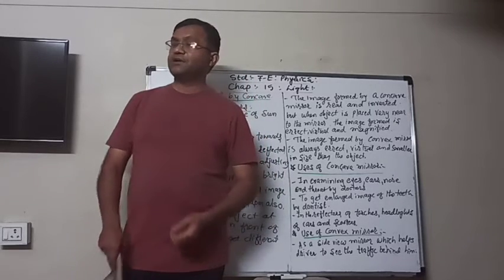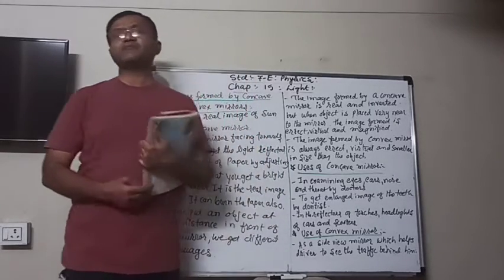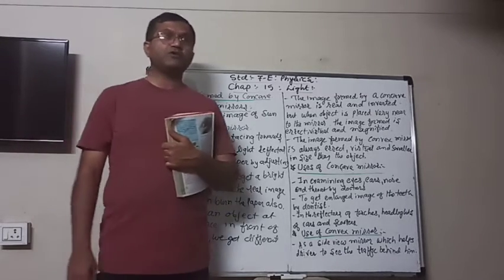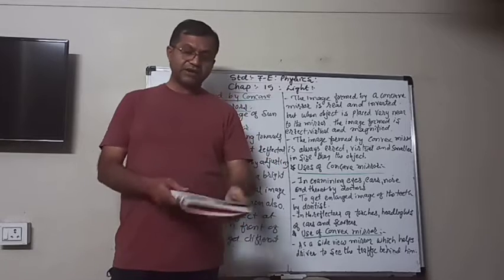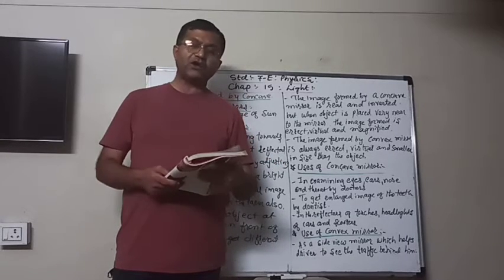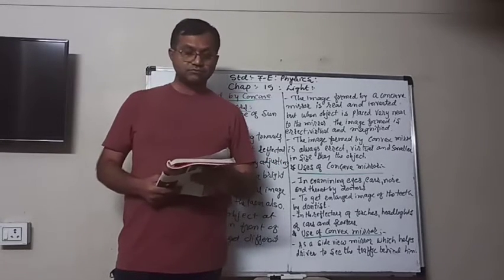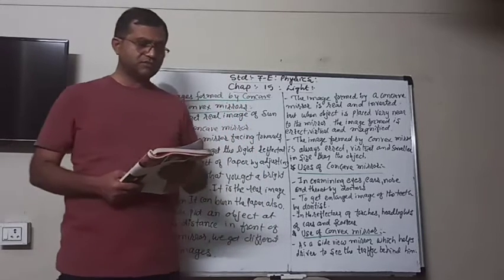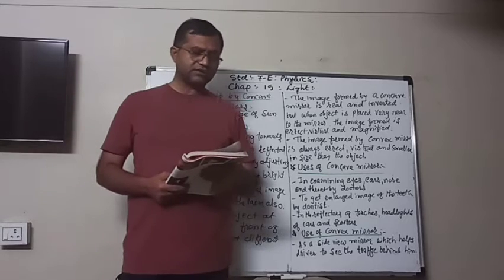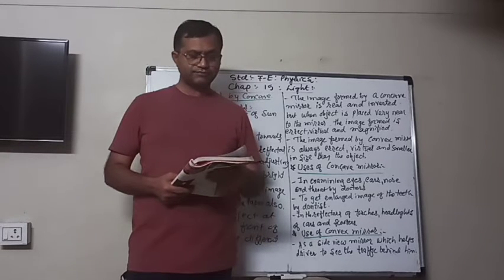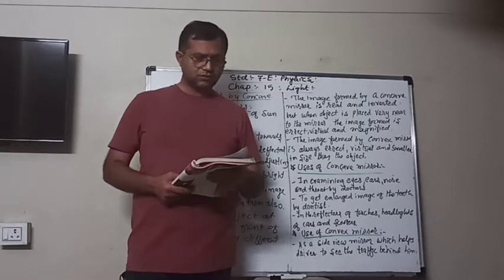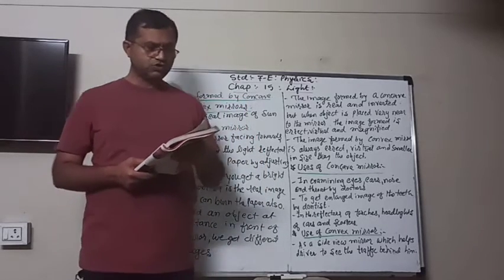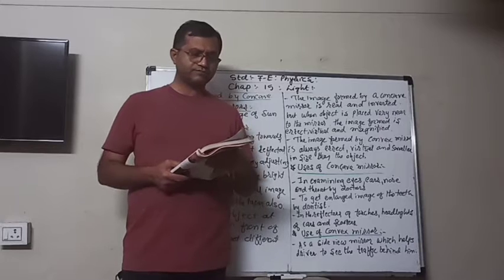Now we saw that there are two types of spherical mirrors. If you want to understand about it, you can take a tennis ball or a rubber ball and carefully with a knife cut it into half. Then you can see that there will be two parts.